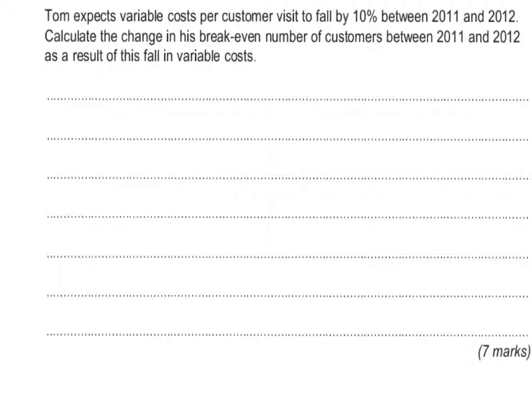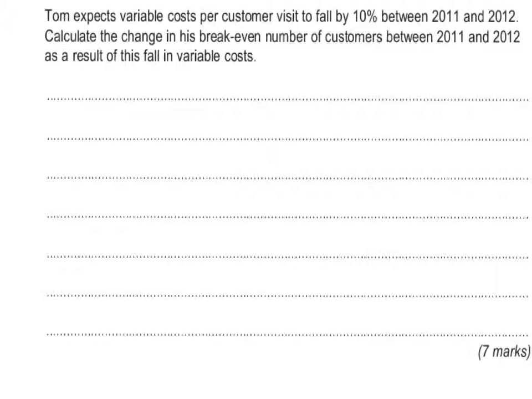Take a look at the marks awarded for this question. 7 marks for one calculation question. The reason for this is that you are required to calculate the change in break-even. So in order to do so, you will have to calculate the break-even quantity for 2011 and 2012 and then state the change that has occurred.